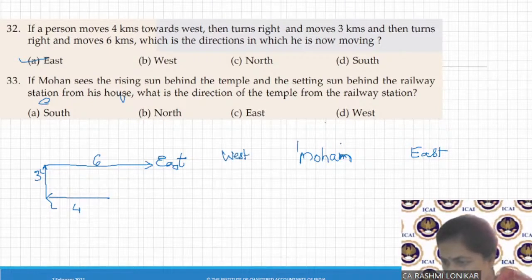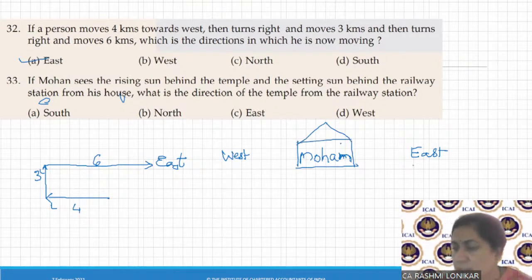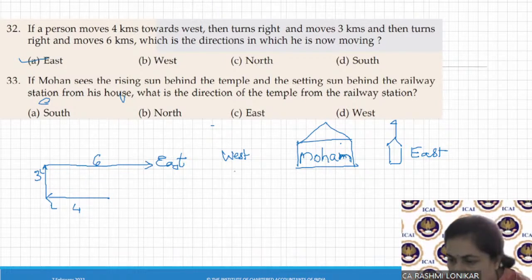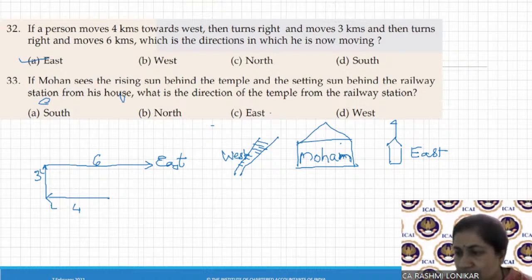This is Mohan's house. This is the east direction. So the temple, rising sun is here. When the sun is coming from behind the temple, he is able to see it. And the setting of the sun, railway station, from his house.